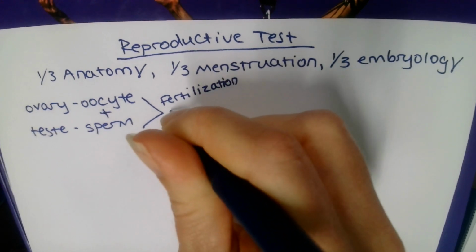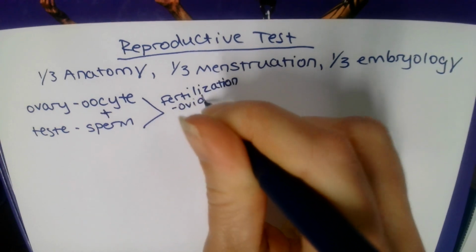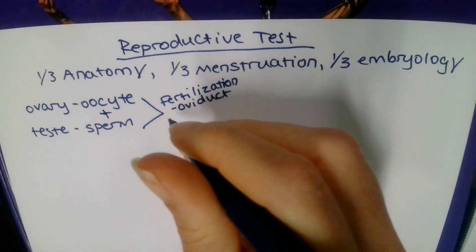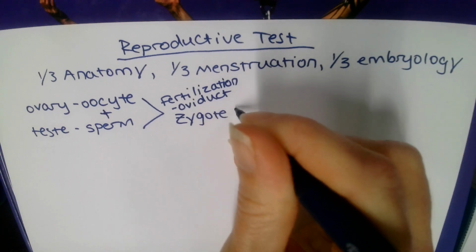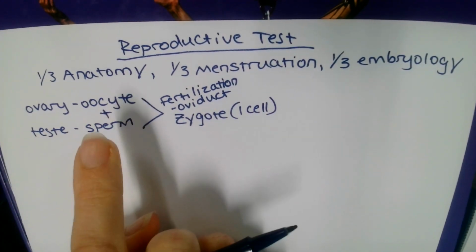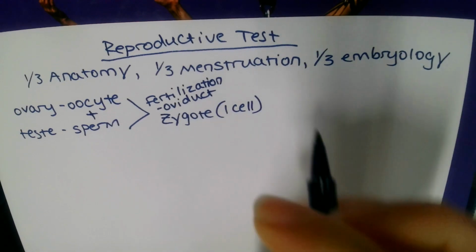And it's going to occur in the oviduct. Remember that the oviduct is another word for the fallopian tube, and it results in a zygote. And remember that a zygote is one cell. One haploid cell plus one haploid cell equals one diploid cell with a full set of chromosomes.